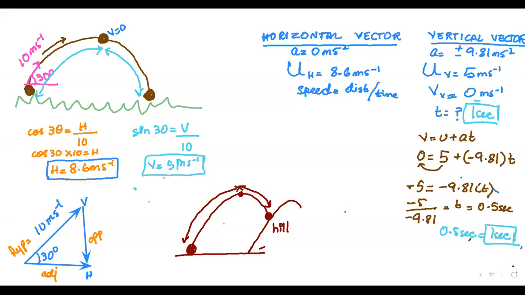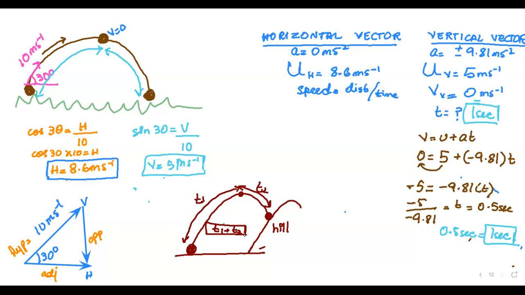I'm starting from one position, but I'm landing at a different position. So in that case, you will have to individually calculate the time for the ball to go up and then the time for the ball to go down. And then the total time will be T1 plus T2. And this will make a bit more sense when I show you guys a question related to it, right?